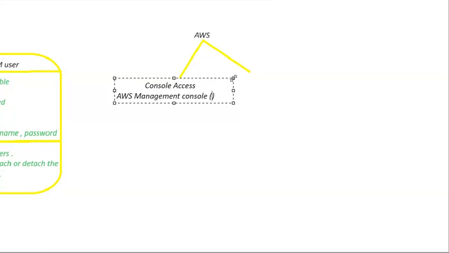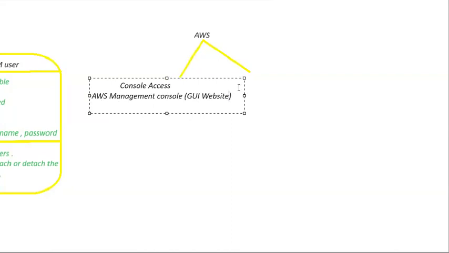It is a website, a graphical user interface website, where everything looks like icons. You just need to click the icons and do whatever you want to do. In that way we can perform our tasks in the AWS management console.